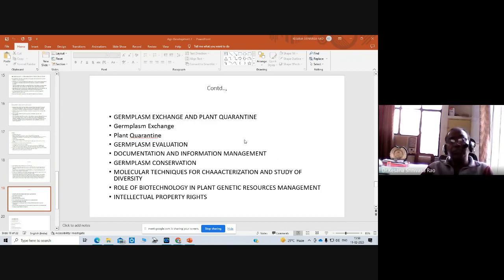Then germplasm exchange and plant quarantine. So how the germplasm is being exchanged and how the plant is being quarantined. These things are very, very important. Germplasm evaluation. Then how it can be evaluated over a period of time, and what types of nutrients it consists of, where they can be useful, and to what extent it has to grow.